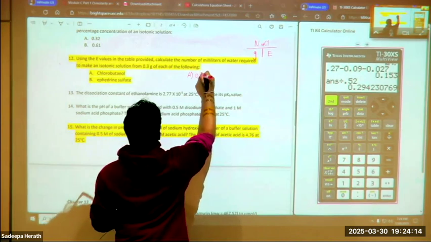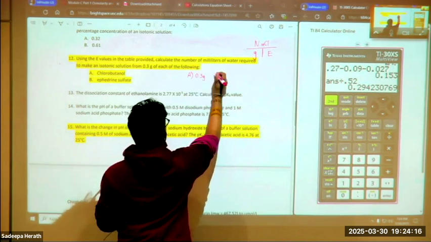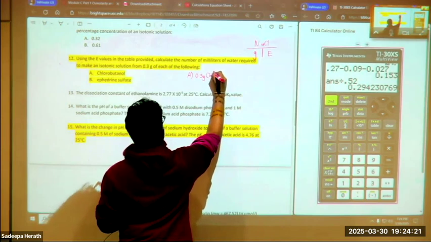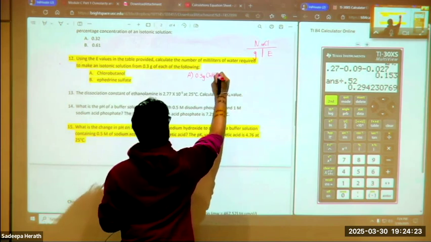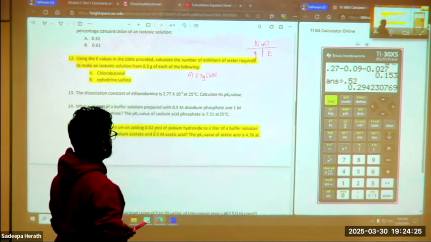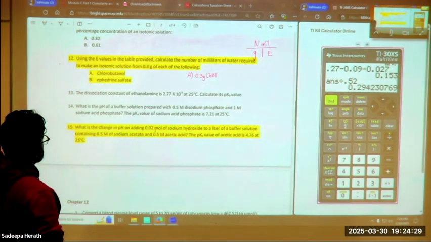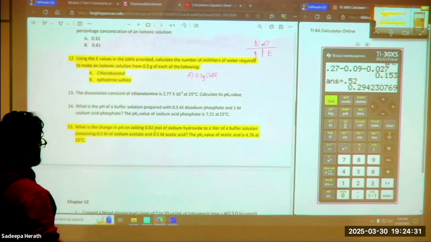there's 0.3 grams of CBT, chlorobutanol. Let's just shorten it out for now. And so we need to make it isotonic.